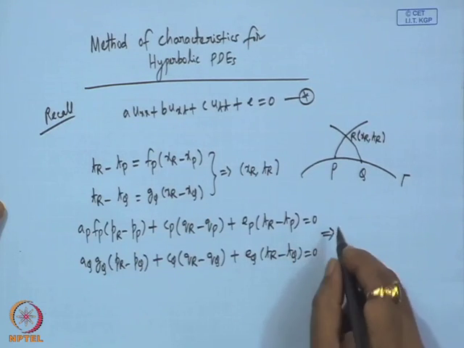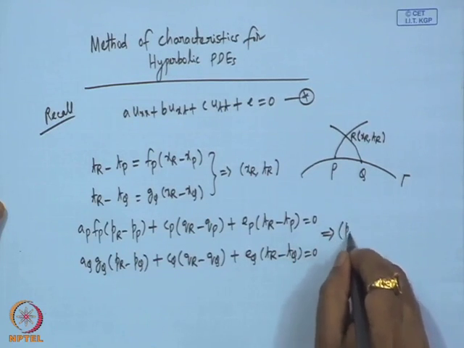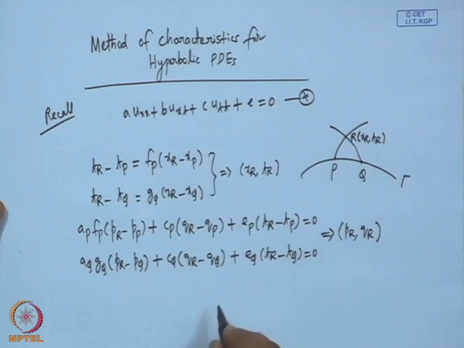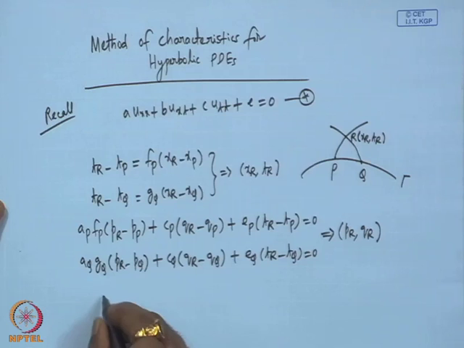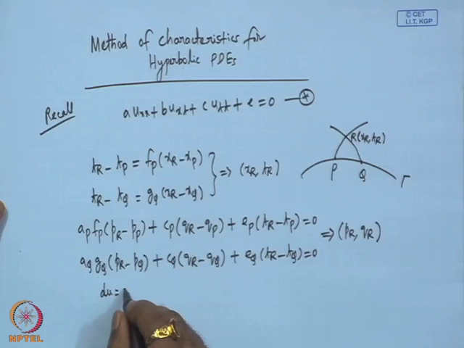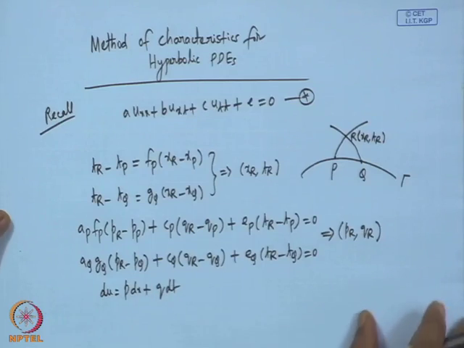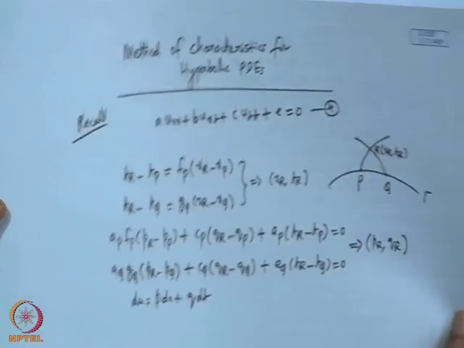So, these two would give P r and Q r, and then ultimately we use du equals, of course, the discretized version, and obtain u r. Right. So, with this let us proceed.